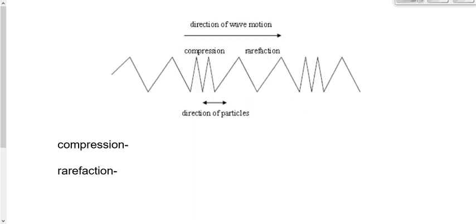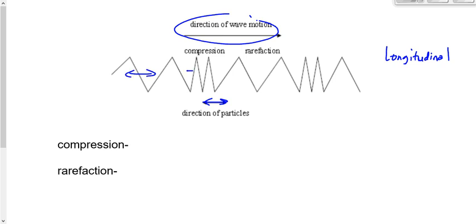Next, we looked at the longitudinal wave, where if the wave is traveling to the right, the particles are moving to the right and left in their own little area. They're all still experiencing simple harmonic motion in their own little zone.